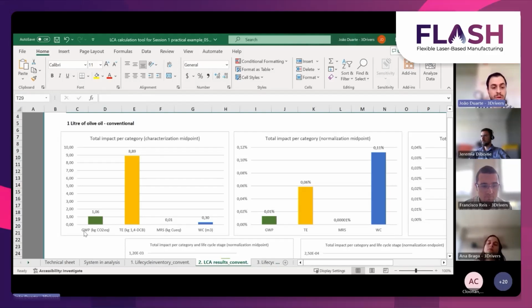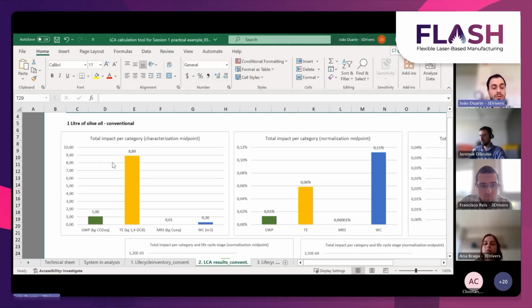So we have global warming potential, characterized as kilograms of CO2 equivalent. Then we have terrestrial ecotoxicity, characterized as kilograms of the substance DCB. Then we have mineral resource scarcity, which is characterized as kilograms of copper equivalent. And finally, water consumption in cubic meters.